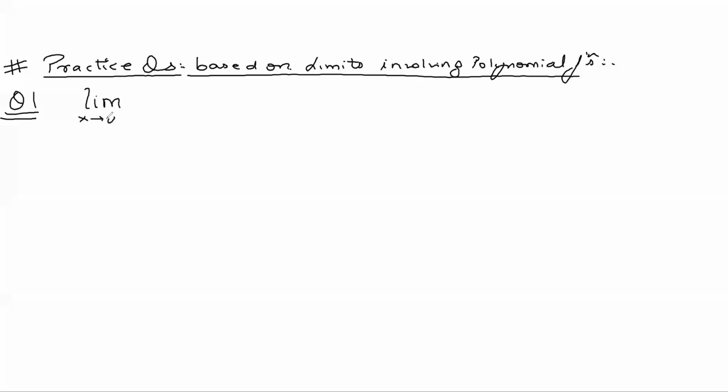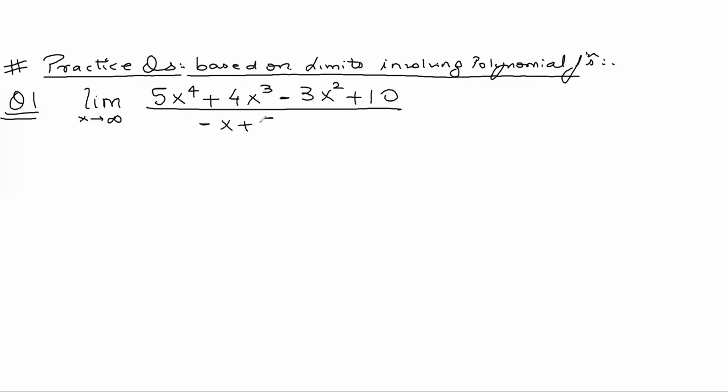Limit as x tends to infinity, 5x^4 plus 4x^3 minus 3x^2 plus 10 upon minus x plus 5. Okay, so let's solve this question. You can see numerator is the polynomial of degree 4, denominator is a polynomial of degree 1.